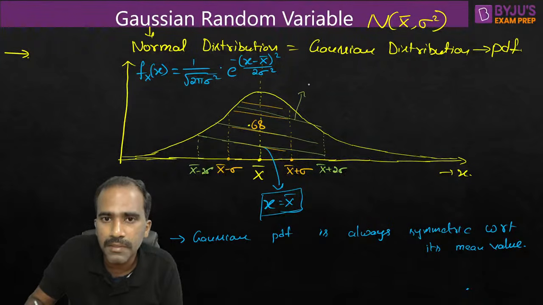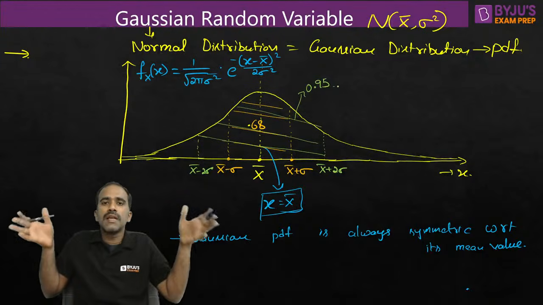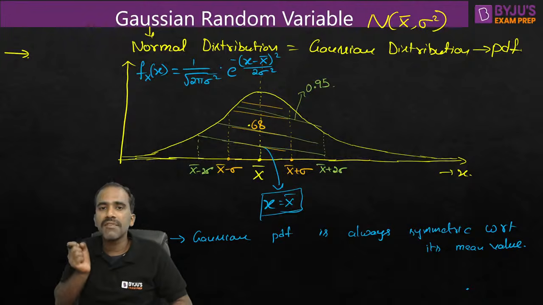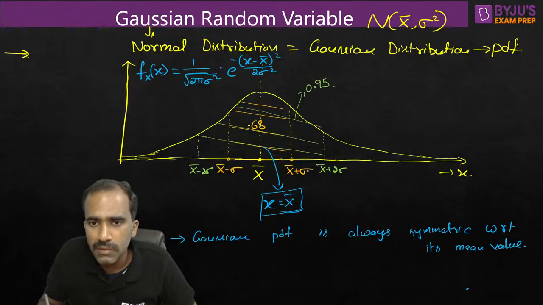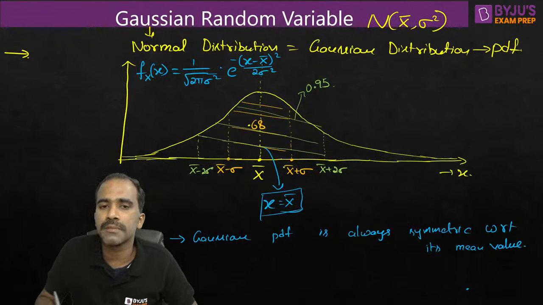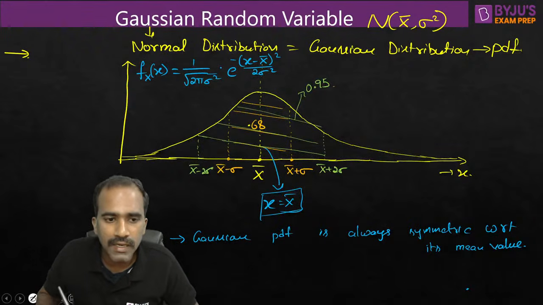It is 95% or 0.95. So within 2 standard deviations from the mean, 95% of the area is covered. So only this part of the area is 5%, which means this part is 2.5%, and this is another 2.5%. So let's go ahead and look at one more thing.